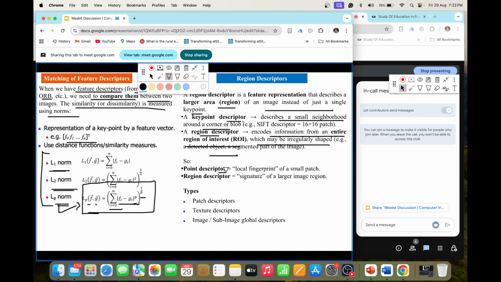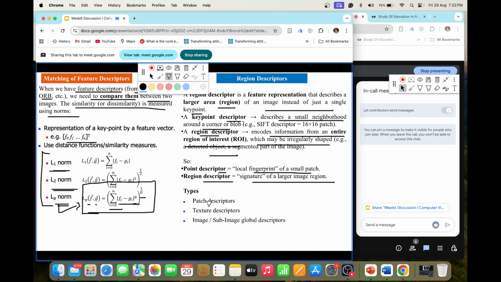A key point descriptor is a local fingerprint of a small patch, while a region descriptor is a signature of a large image region.